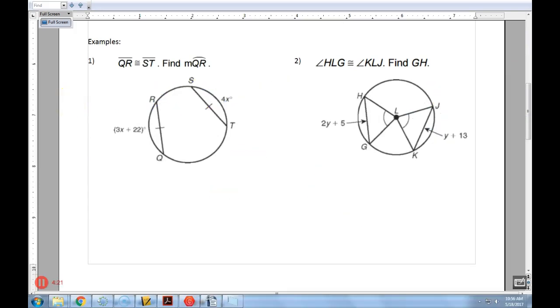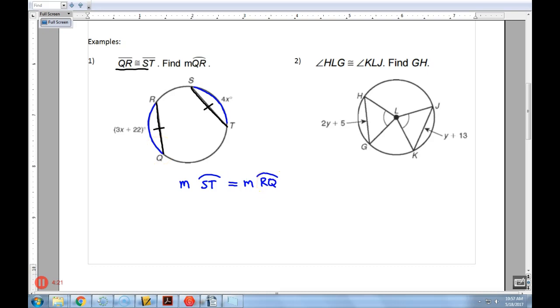For number one, it says segment QR is congruent to ST. So this says this guy is equal in length to that guy. Because of that, I know that minor arc ST, the measure of arc ST, is going to be equal to the measure of arc RQ.